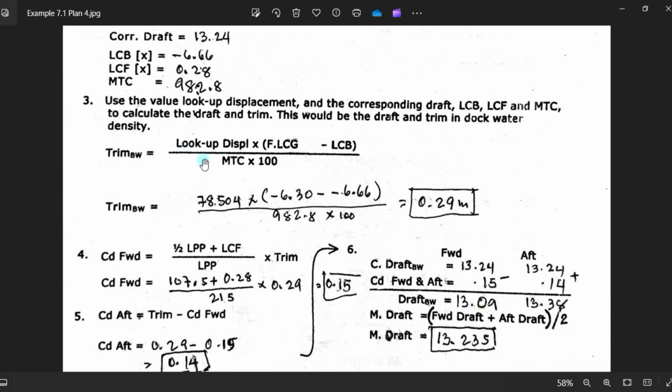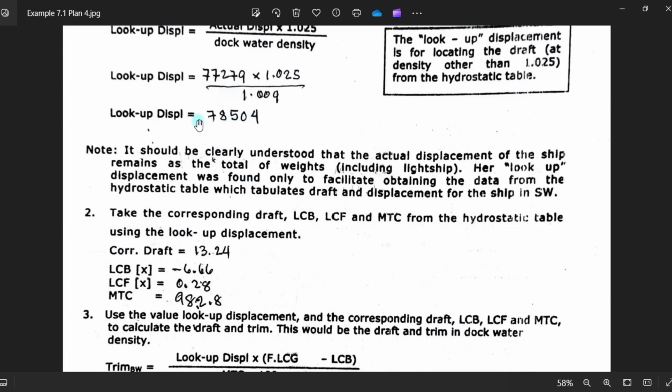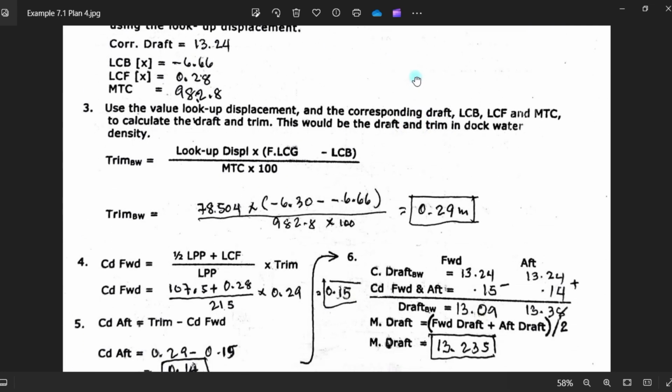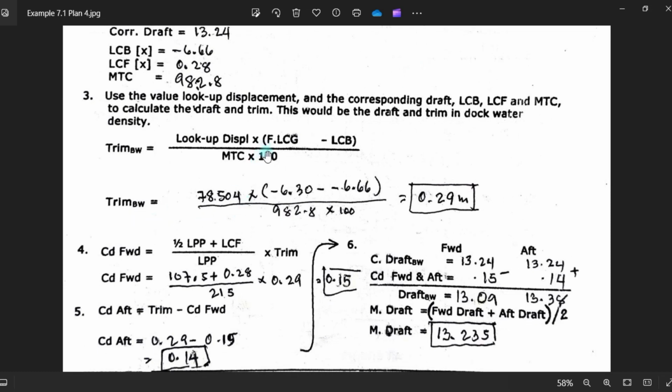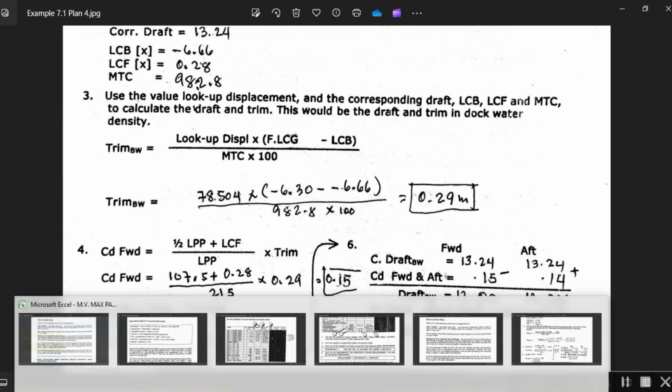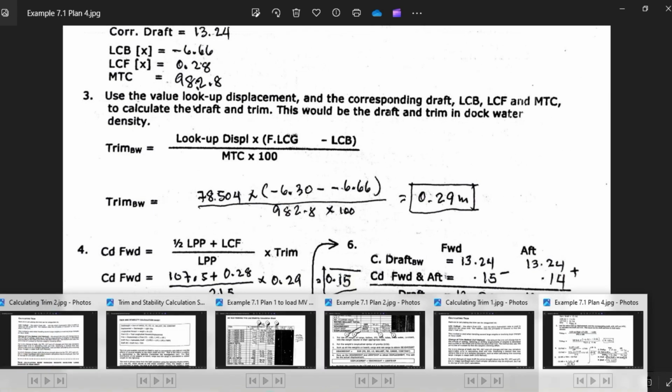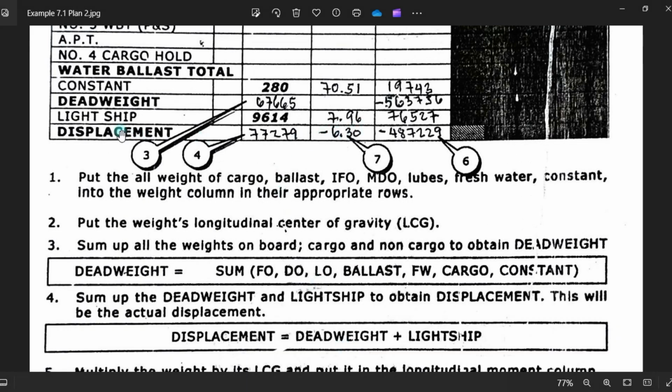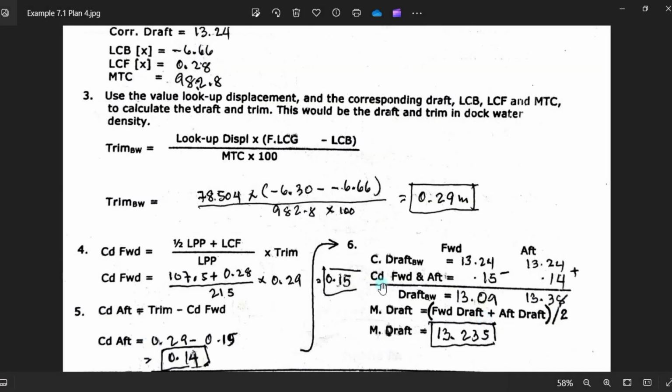Your lookup displacement is 78504, which is this one, times final LCG, which is negative 6.30, minus LCB.